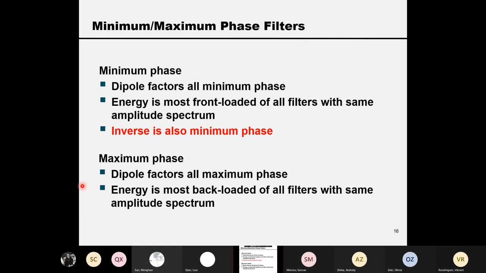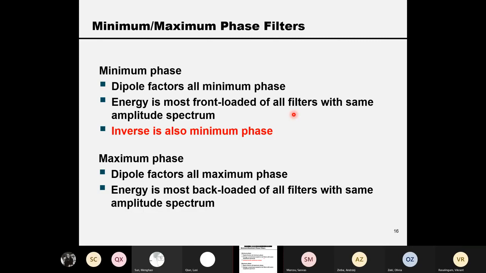We're really interested in the minimum phase filter, in fact. So let's compare the minimum phase and the maximum phase filters. For the minimum phase filter, as we said in the previous slides, dipole factors are all minimum phase. In this minimum phase filter, energy is the most front-loaded of all filters with the same amplitude spectrum.